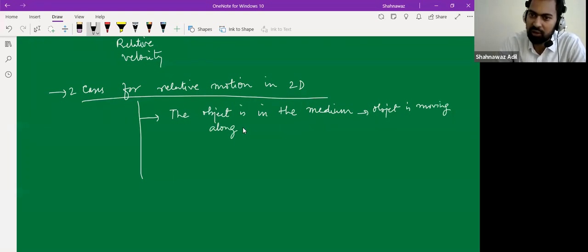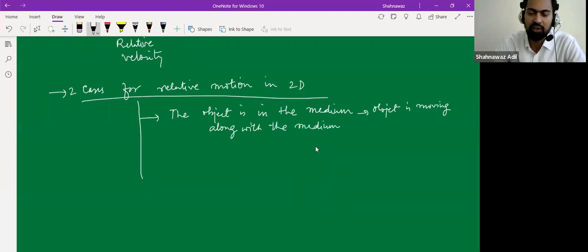Some example of this is the river problem, where you are crossing a river. So this is one example of when your medium is moving and the object is in the medium.